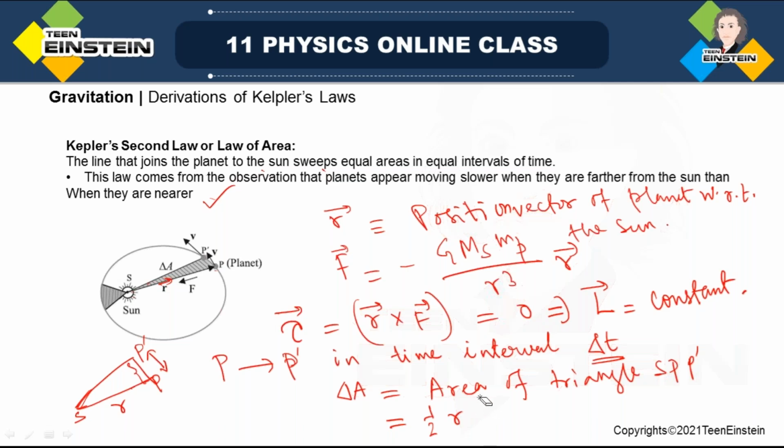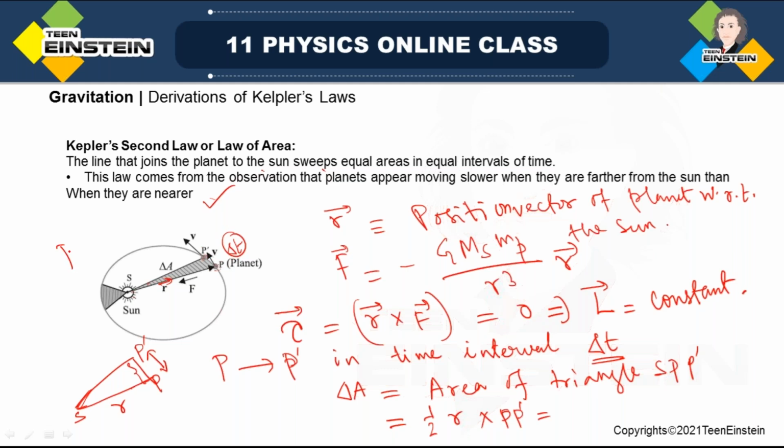Look, the speed is v, and when the planet goes from P to P prime it takes delta t time, moving with constant speed v.